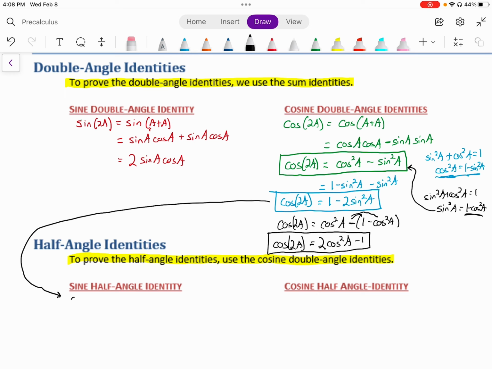We're going to start with cosine of 2a is equal to 1 minus 2 sine squared of a, and we're going to solve for sine of a. So our goal is to solve for sine of a, and then we're going to think through some things to help us get this half angle identity. So we're going to solve for sine of a, which means we're going to subtract 1 from both sides.